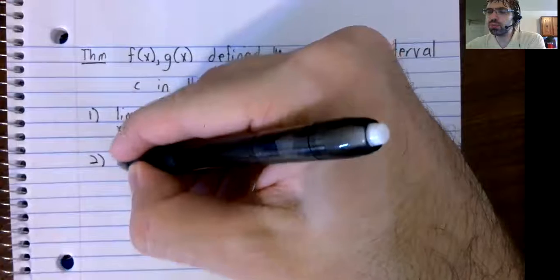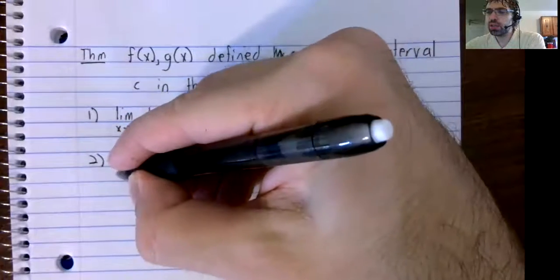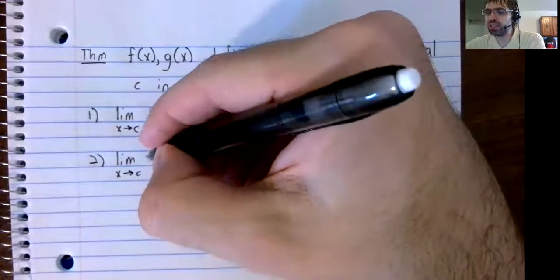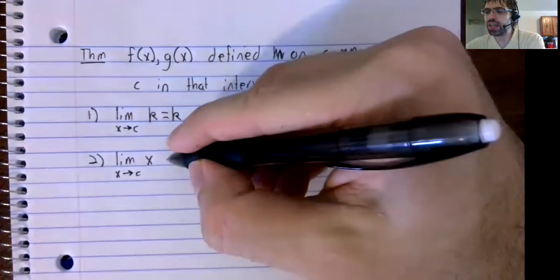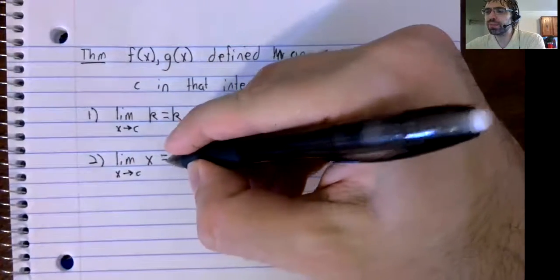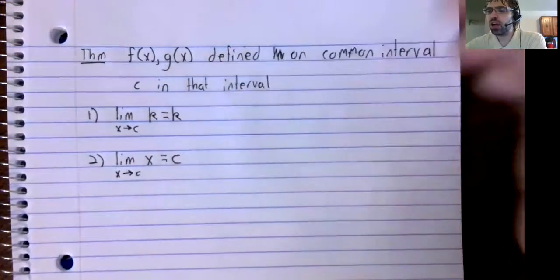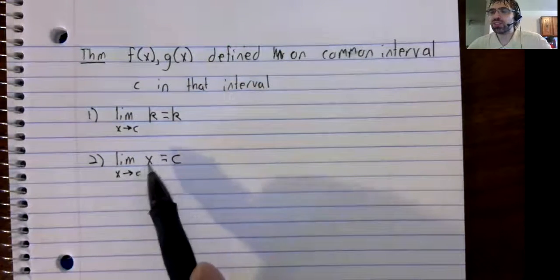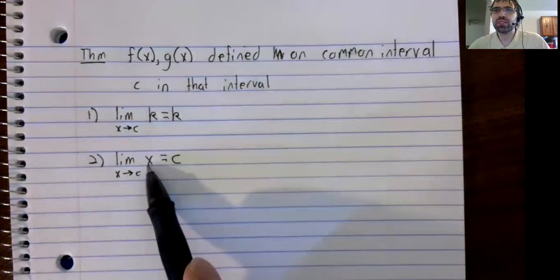Rule 2, the limit of the identity function x is gotten just by taking this limit and sticking it right in.